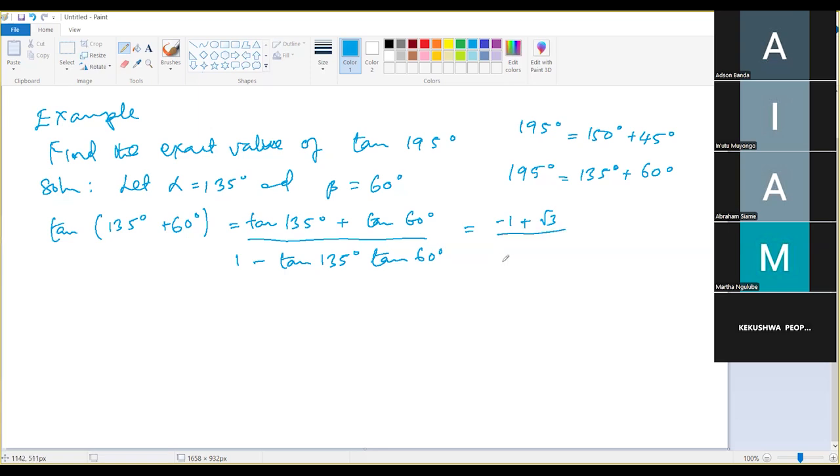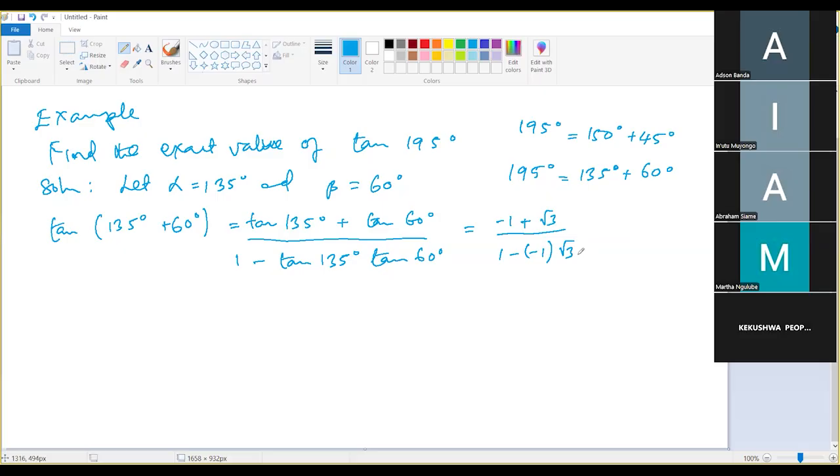All right, so the tangent of 135 degrees is -1, and the tangent of 60 degrees is √3. So we can find these ratios, and then you have 1 minus (-1) times √3.